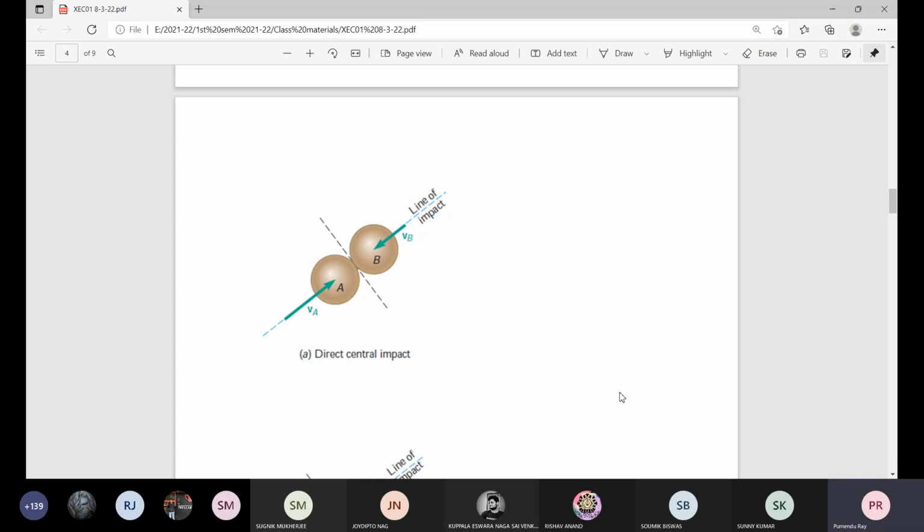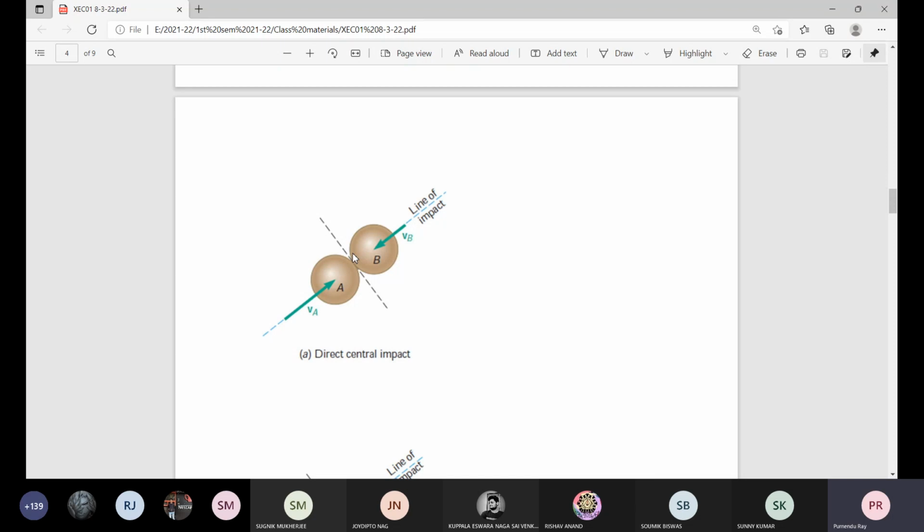So either after rebound, they will regain their original shape, that is perfectly elastic, or they will deform and stick to each other and travel with a common velocity after impact. That is a perfectly plastic collision, and something in between, some permanent deformation or distortion in the shape of these two spheres, occurs.